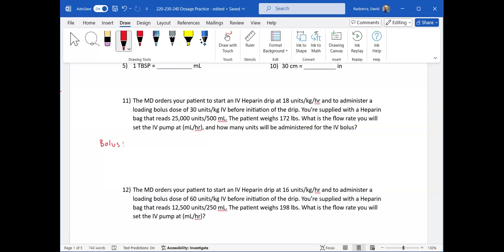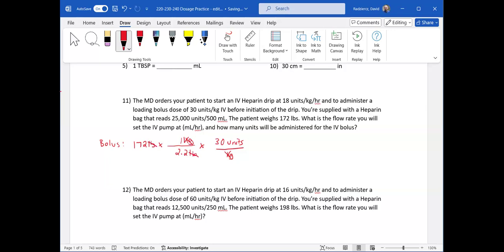So what I'm saying is, if I were to set this up appropriately, I might want to do something like this: 172 pounds, and then 2.2 per kilogram, and then 30 units per kilogram. And then set this all up and then save your rounding for the end if you're really concerned about that.